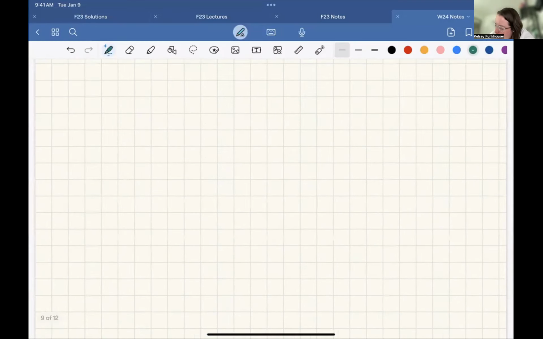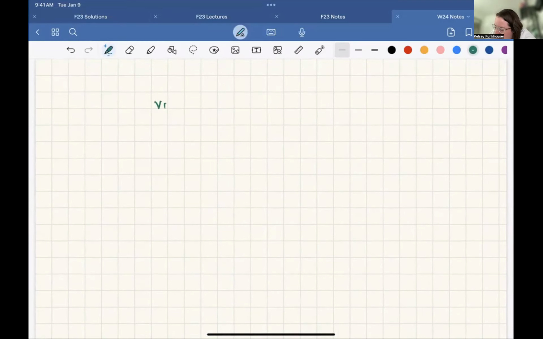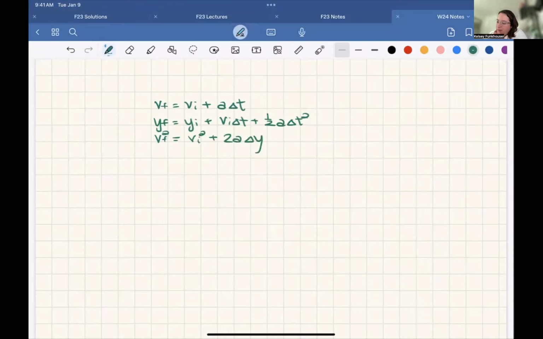V final equals v initial plus a delta t. Y final equals y initial plus v initial delta t plus 1/2 a delta t squared. And v final squared equals v initial squared plus 2a delta y, or displacement.